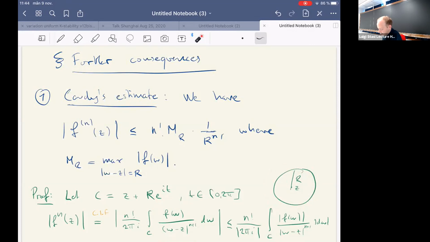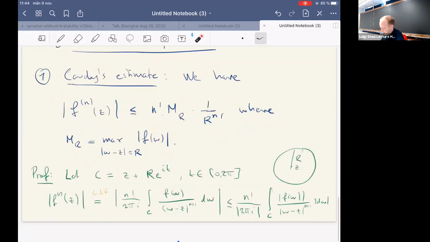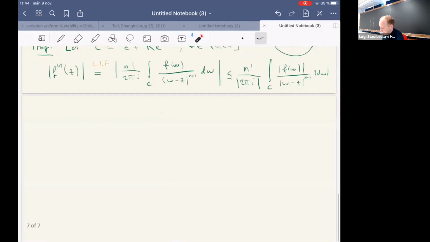You don't want to integrate against something that becomes 0. I don't know if I'm explaining it very well, but it's really necessary to put this length measure of dw, because this is what the estimate is about. In the simple prototype, just imagine the integrand f of w took positive or negative values, and when you put the absolute value inside, you have to integrate along the path, the length that you go around. I don't know if that was very clear, but that's how I think about it anyway.